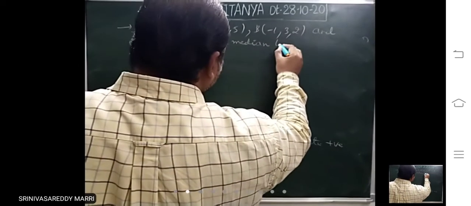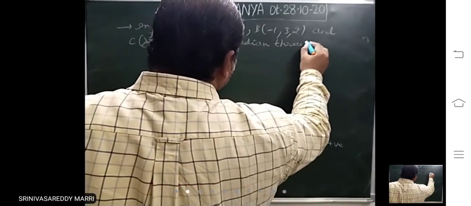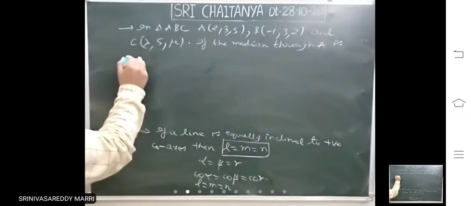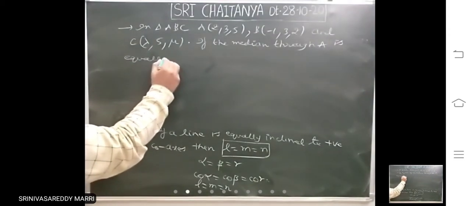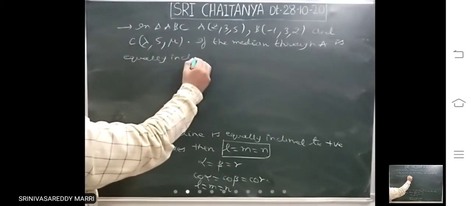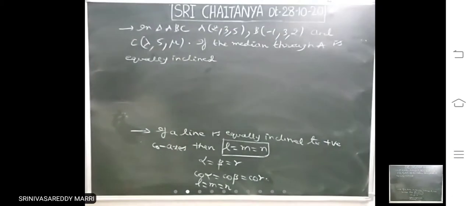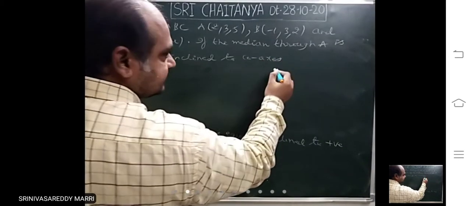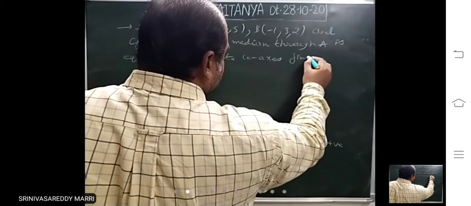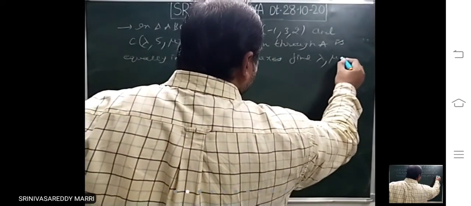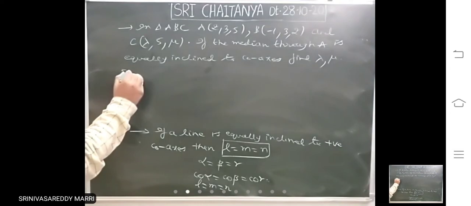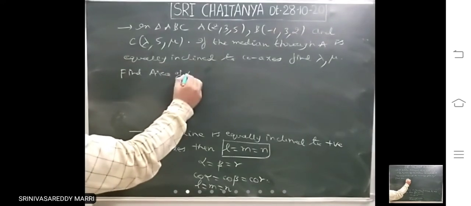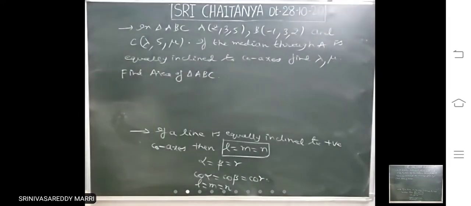If the median through A is equally inclined to the coordinate axes, find lambda and mu, and find the area of triangle ABC.